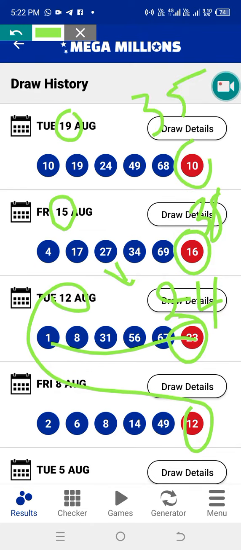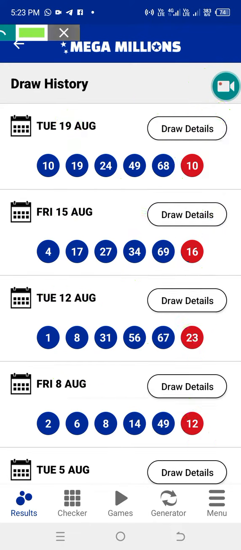Then 10 plus 22 is 32. So we have the numbers 35, 38, 32. Those are the numbers of the next draw. Since they didn't use it, they can still use these numbers. All right, so that was the third one.